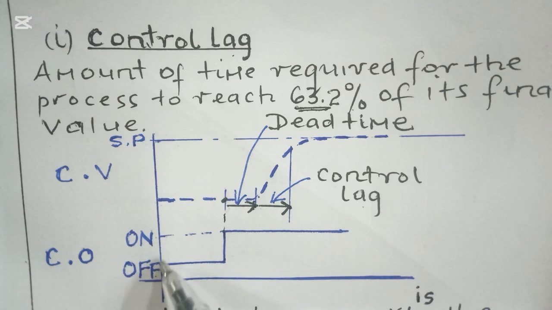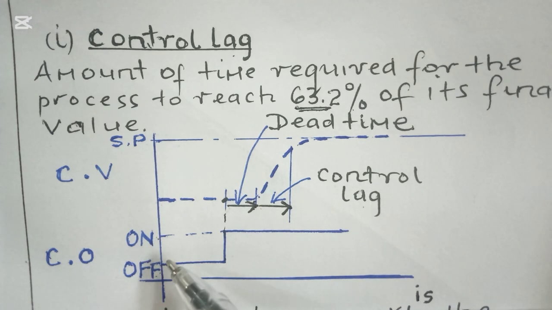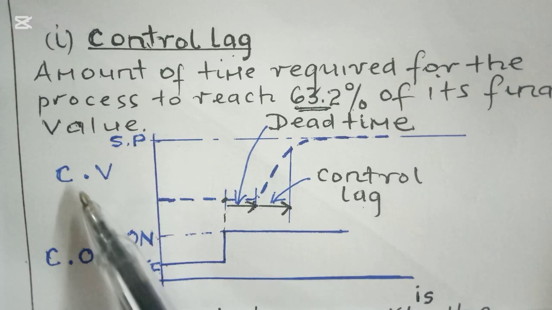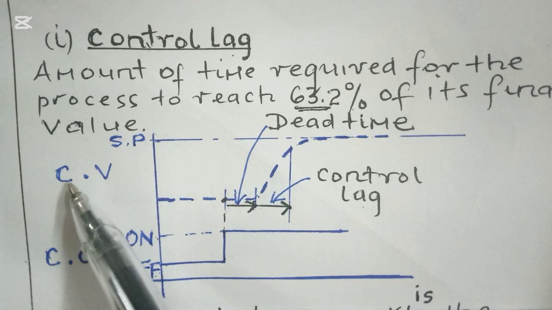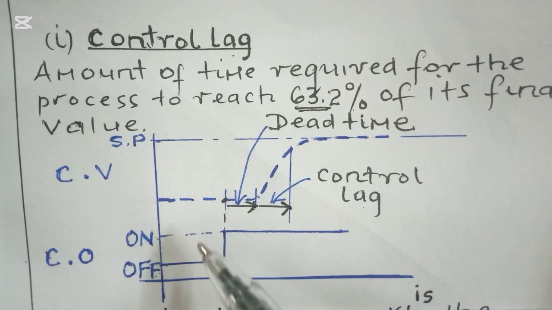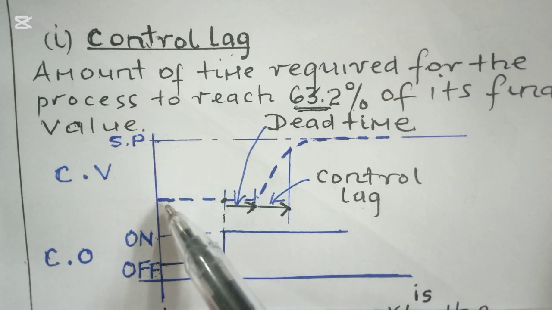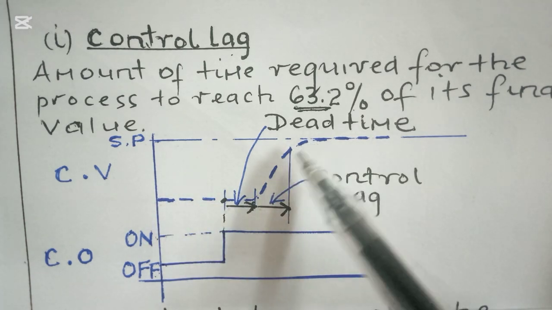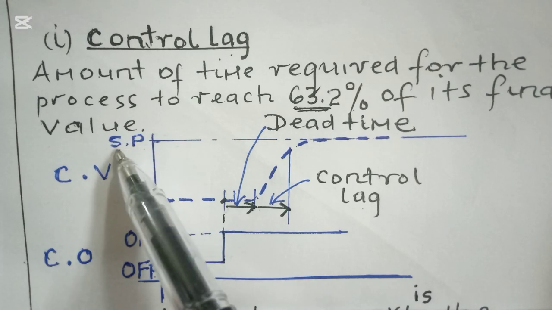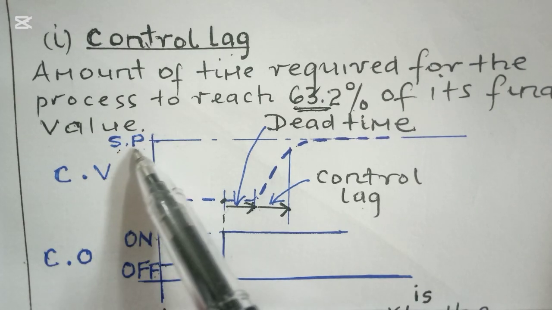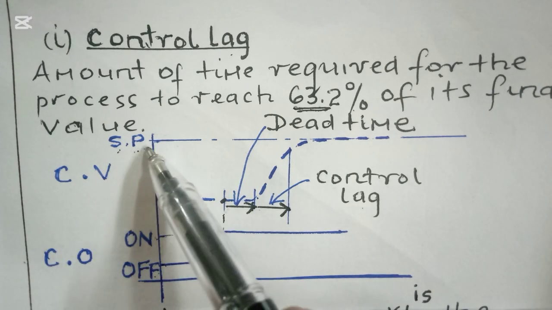As you can see, I've given an example of an on and off controller output, whereby the controller will either switch off or switch on when we desire a desired response from the controlled variable. In this case, let's say we are heating some water, so the temperature of the water will begin to rise until it reaches a certain point. We call it SP, and this SP represents the set point or the desired output.